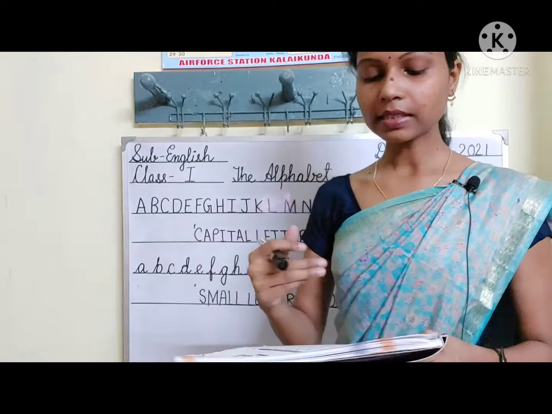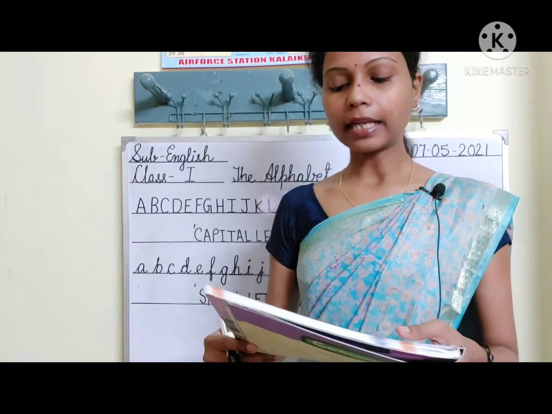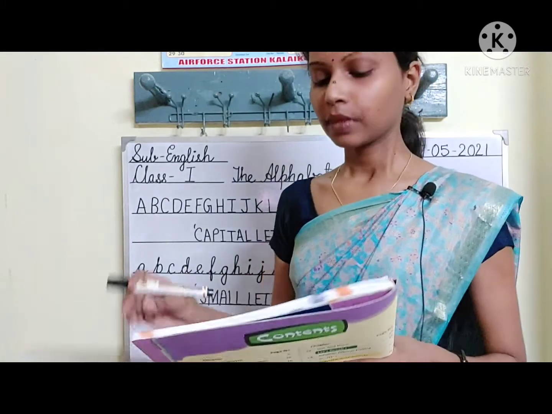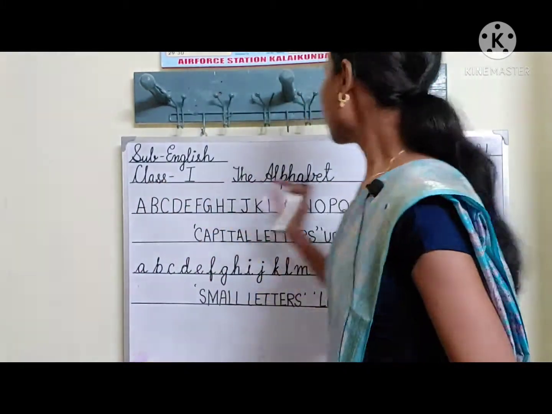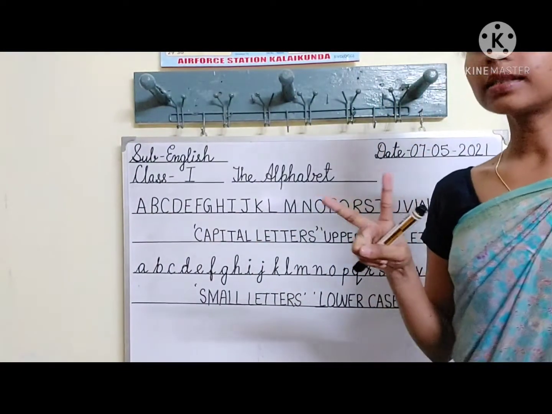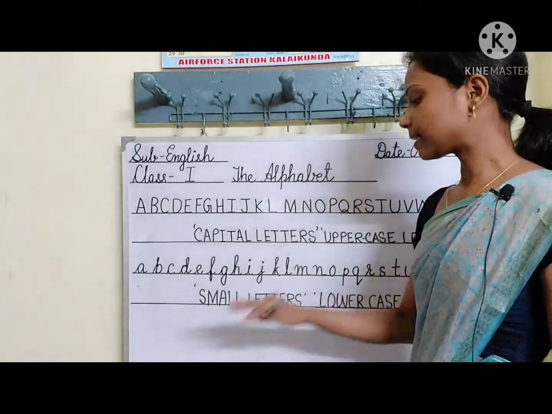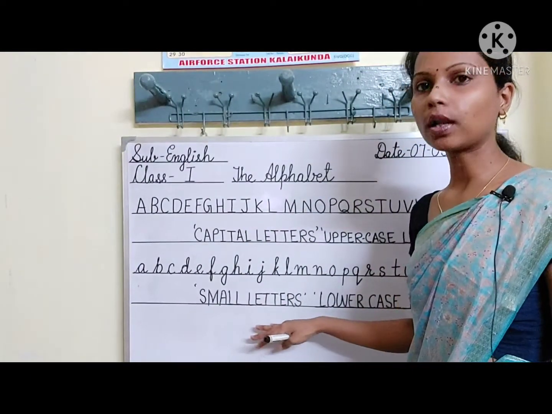Now moving on to the next one, we can write these letters in two different ways. The letters A to Z we can write in two ways. What are these two ways? First one is capital letters and second one is small letters.